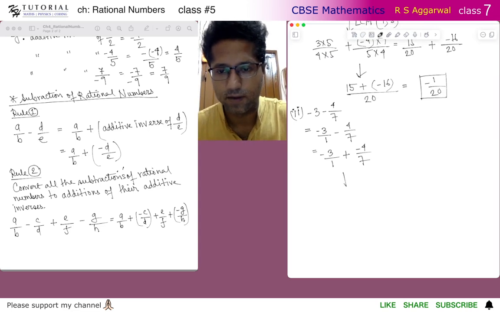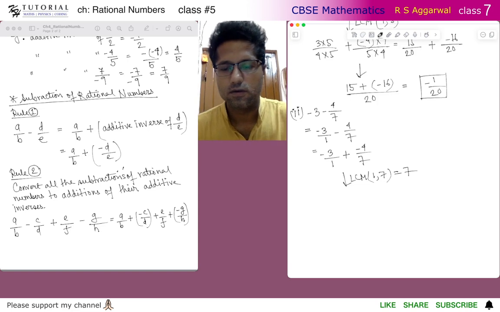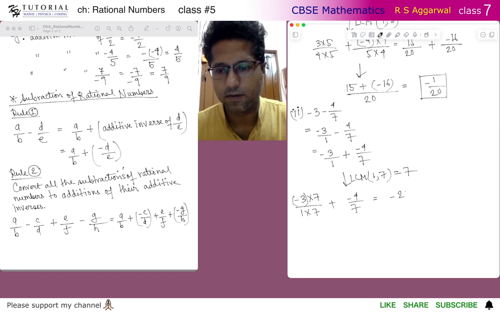So now we have to find the LCM of 1 and 7, which is clearly 7. Now we convert the two rational numbers to the equivalent form so that they have a common denominator of 7. So this becomes minus 3 into 7, 1 into 7 plus this remains the same, and this is minus 21 by 7 plus minus 4 by 7.